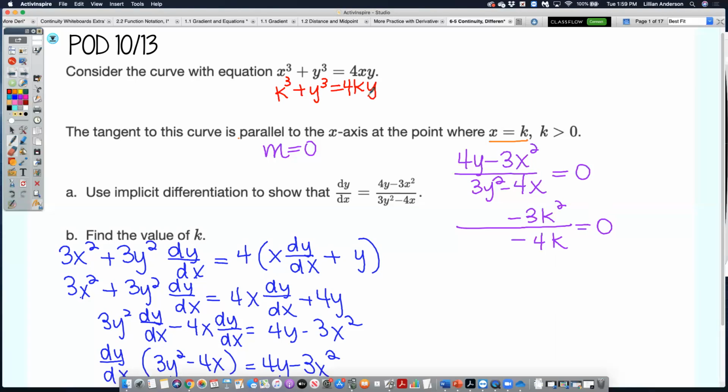Okay? So when we do this, we are going to have to get our K's, our Y's on one side. Let me see, what are we missing? Onto the other side.